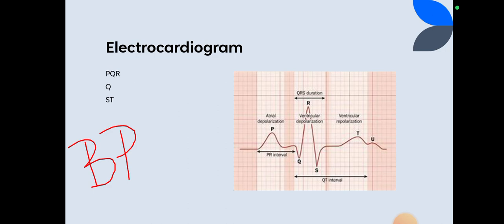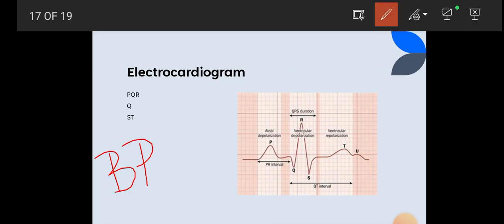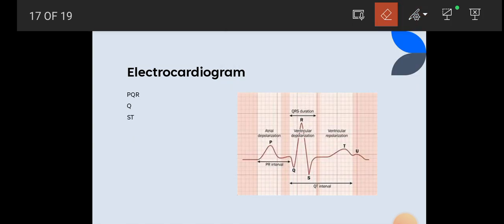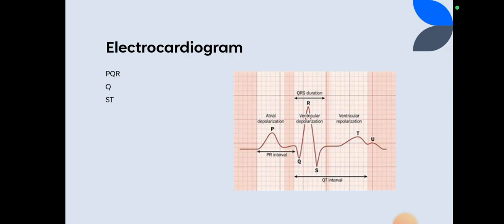So P wave, QRS complex, then T wave. That is what we use to detect any diseases or any problems that occur in the heart.